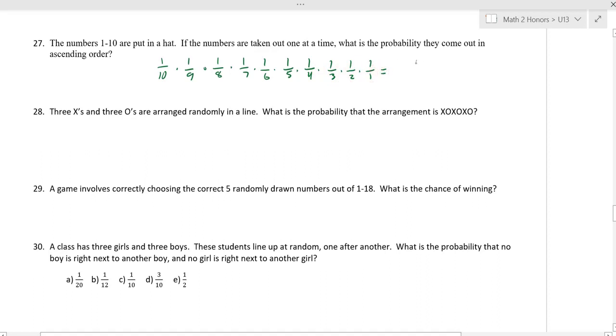And that's going to be 1 out of 3,628,800.